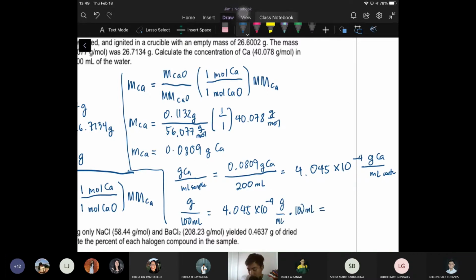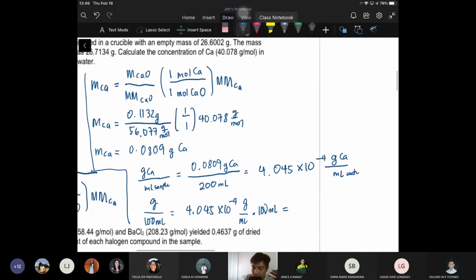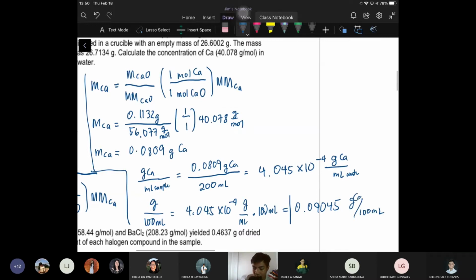That will give us 0.04045 grams per 100 ml. So that will be our final answer. Pwede rin namang i-round off mo yan to 4 decimal places. That will be 0.0405, no?